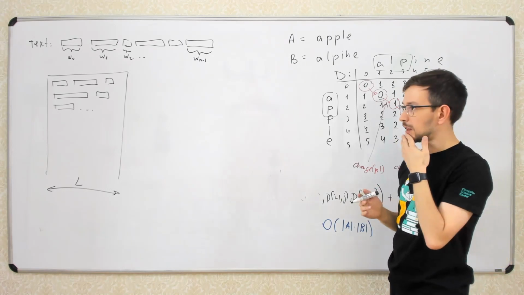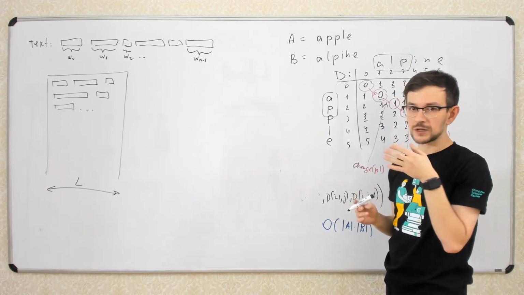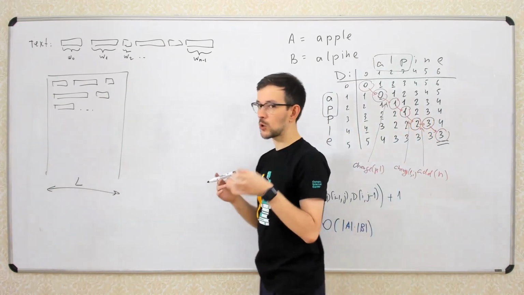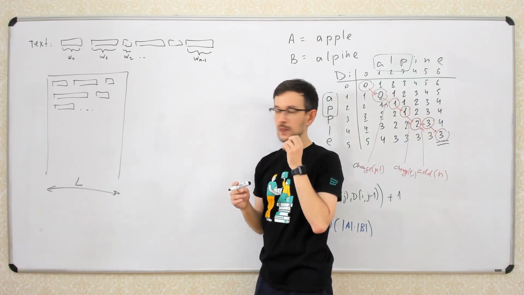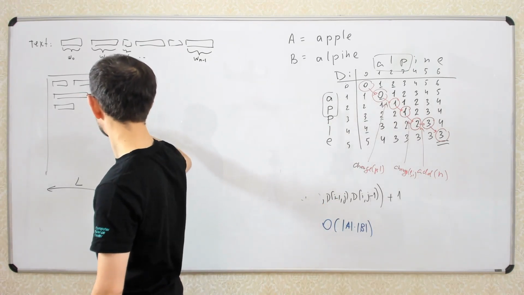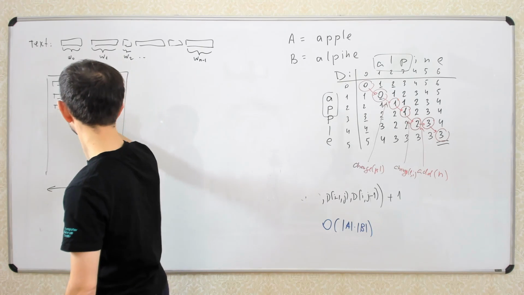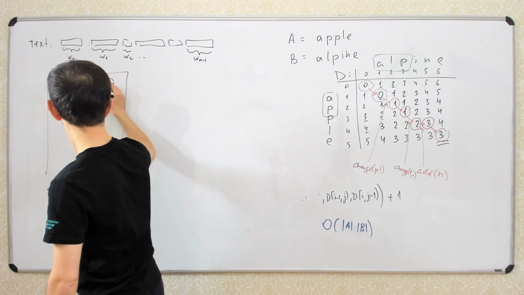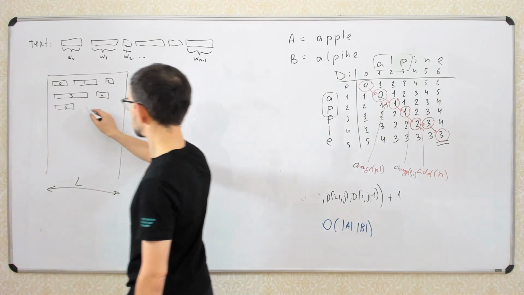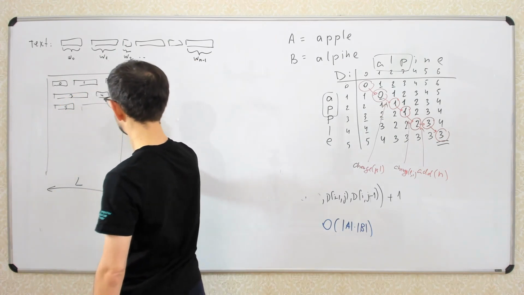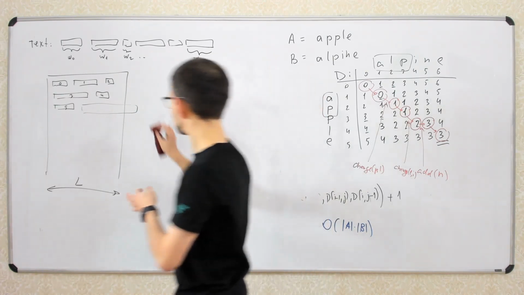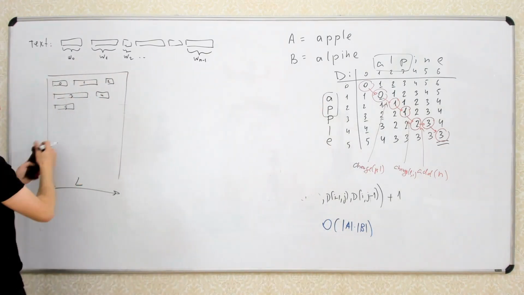Sometimes it may happen that you place the words not optimally, and you end up with some big gaps between the words. For example, let's say these are words 0, 1, 2, 3, 4, 5. If the next word is long enough, it doesn't fit here, so you want to move this word to the next line.